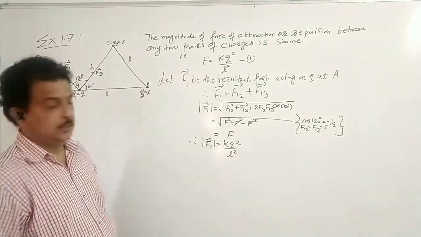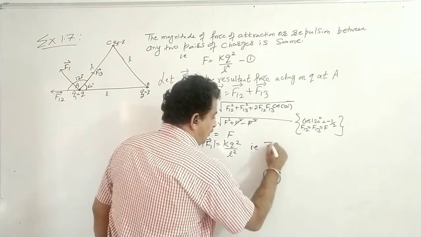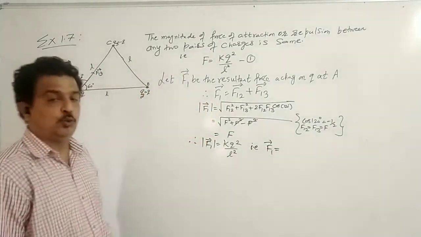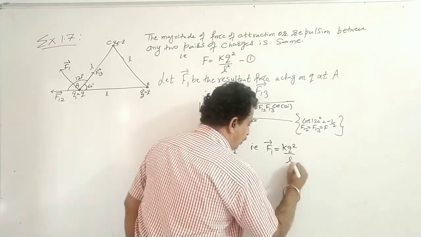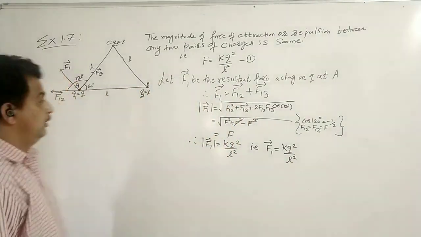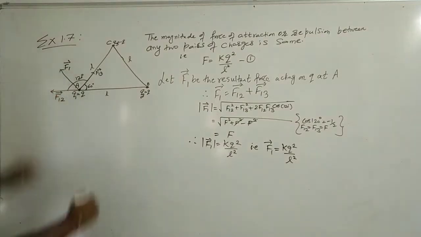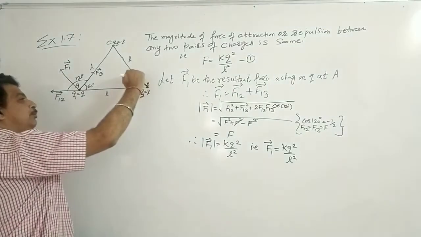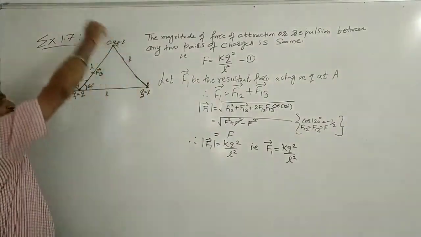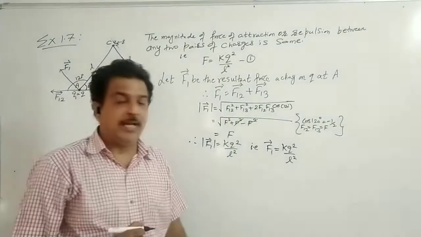Now I write it in vector form, F1 vector is equal to kq square upon L square. If I see the direction, this direction of F1 is parallel to BC. If I extend this BC and this F1, both come out to be parallel.